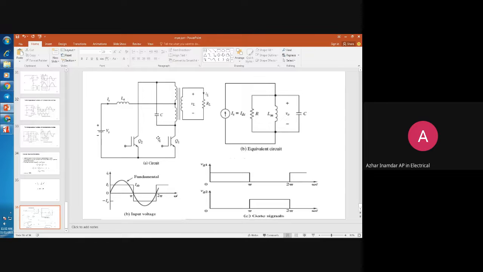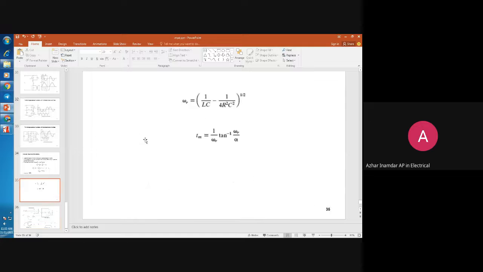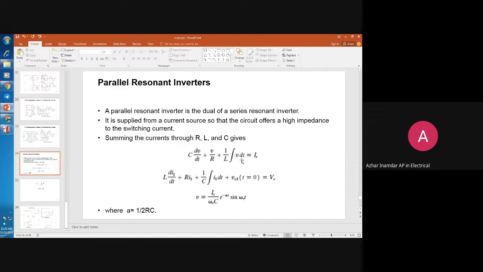So now the next cycle again will start with the turning on of Q1, that leads to the commutation of the conducting Q2. This is the basic operation of a parallel resonant inverter. By using the equations of this equivalent circuit, you can find out the source current and also the voltage across the capacitor.